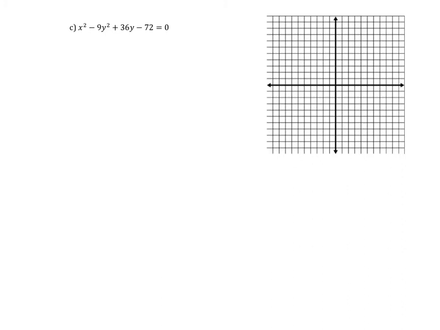And the first thing we want to do in C, since it's not in standard form, is to put it into standard form. So let's do this. Let's do x squared minus, I'm going to take out the 9. I'm left with the y squared plus 4y. And I'm going to add 4. Okay.